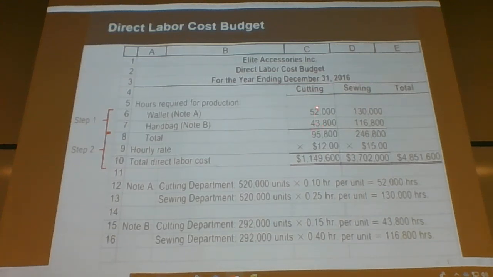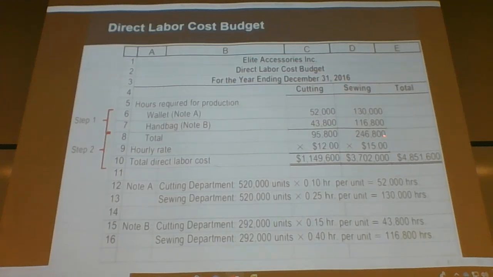We merely add these 2 numbers together to give us our total cutting hours of 95,800 multiplied by the hourly rate of $12 for the cutting department. It gives us 1.15 million total cost, estimated cost. Sewing takes longer, 130,000 hours for the wallet and a little under 117,000 for the handbag.